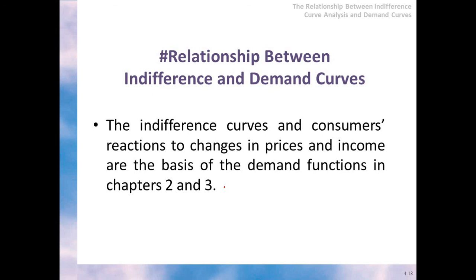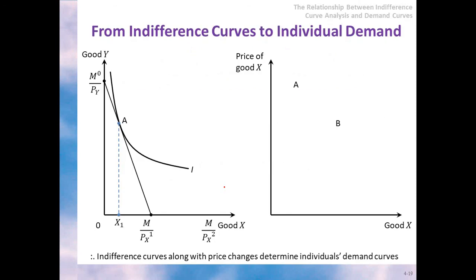Okay, the last one will be the relationship between indifference curve and demand curve. Just to understand why we learn this indifference curve. What is the relation with demand in economics? So here in this chapter 4 we learn about the indifference curve.